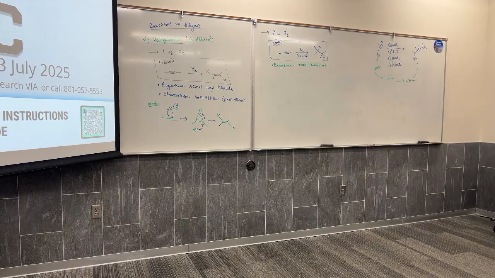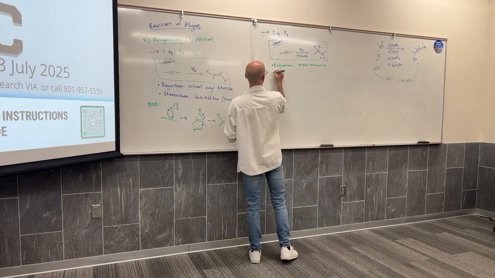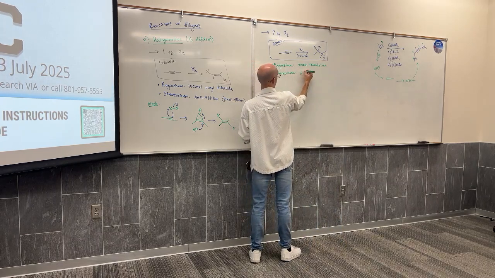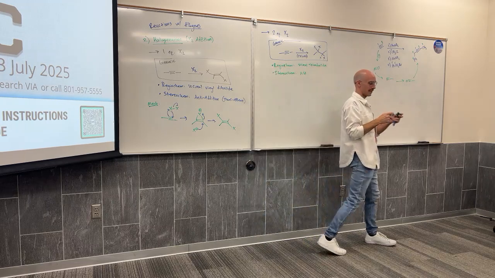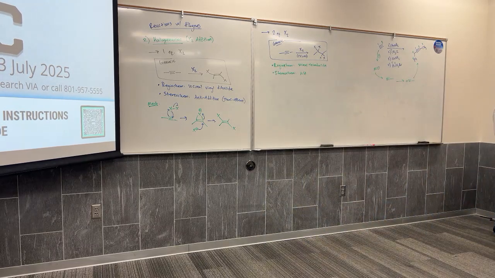How many chiral carbons form in a reaction like this? None. So in terms of stereochemistry, there's nothing to talk about. Yes, the mechanism proceeds via anti-addition, but you get these two carbons with two identical groups, so there's nothing to see.